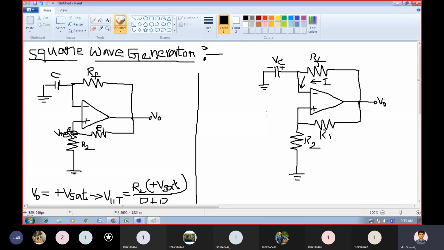We have the peak voltage equal to the lower threshold voltage, and the negative feedback is connected to ground. Then V naught is equal to minus V saturation, and the capacitor C starts discharging through feedback resistor RF.